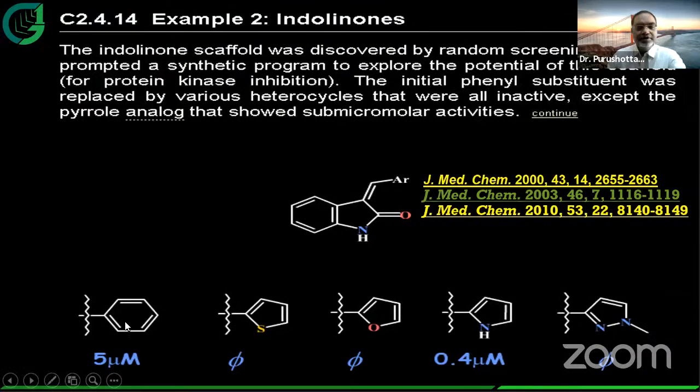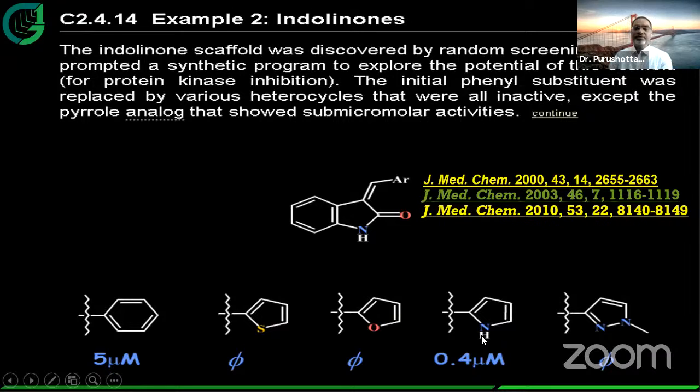When other substitutions were tried, you could see that the phenyl substitution resulted in 5 micromolar activity, and the thiazole substitution resulted in a totally inactive molecule. Similarly, all other modifications resulted in inactive compounds except the pyrrole.